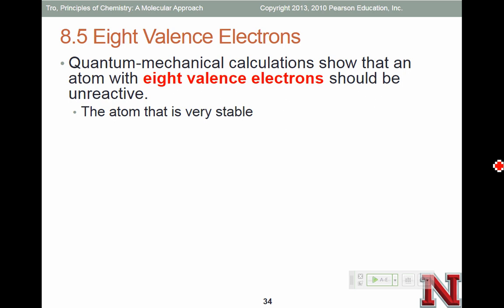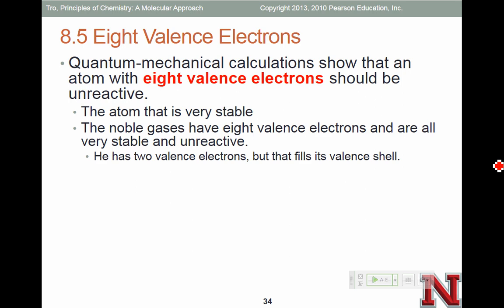And quantum mechanical calculations show that an atom with 8 valence electrons, the full valence, is unreactive and very stable. Now again, that's not counting helium, which only has the ability to have 2 electrons in its full orbital. So for helium and hydrogen, 2 electrons is full.